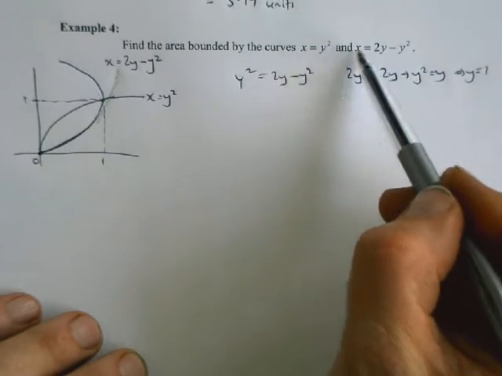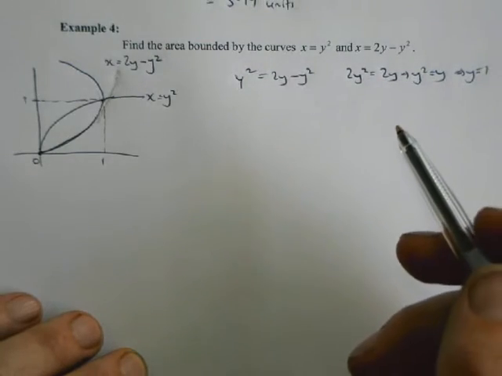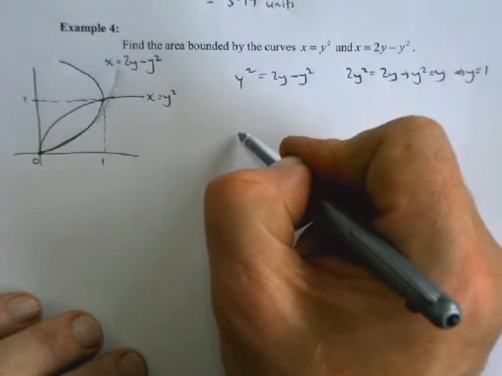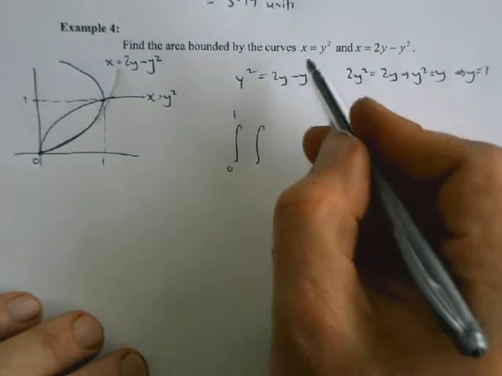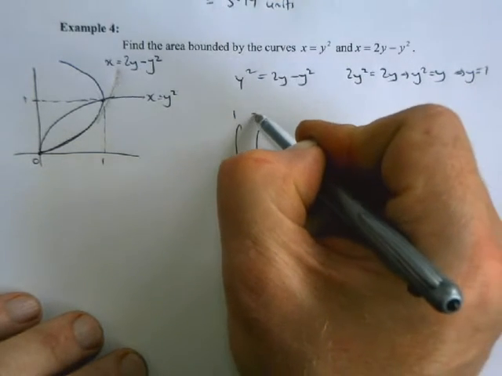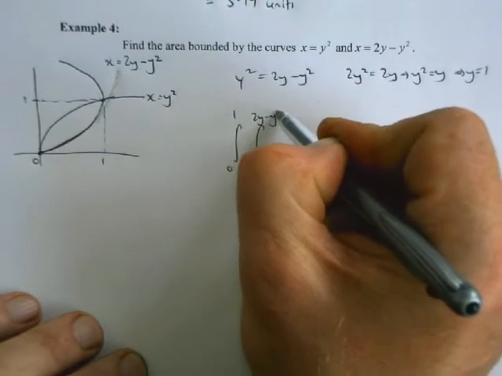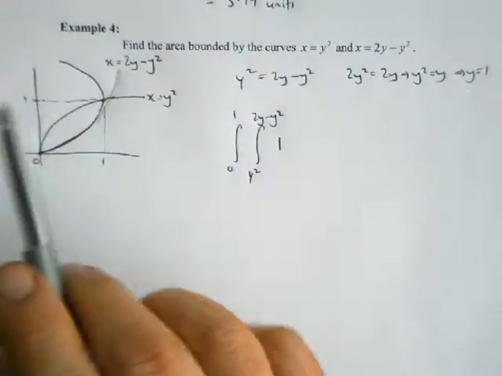So the points we're interested in are 0, 0 and 1, 1. Okay, now given that we've got this in terms of x equals, it's going to be easier to do the x integration first. So we're going to end up with the integral from 0 to 1, and then the integral from, we know we're going to have y squared and 2y minus y squared.